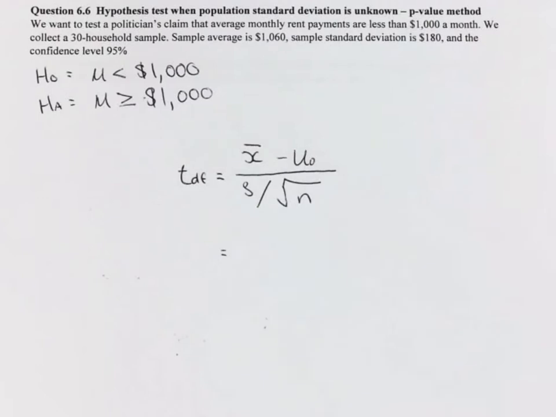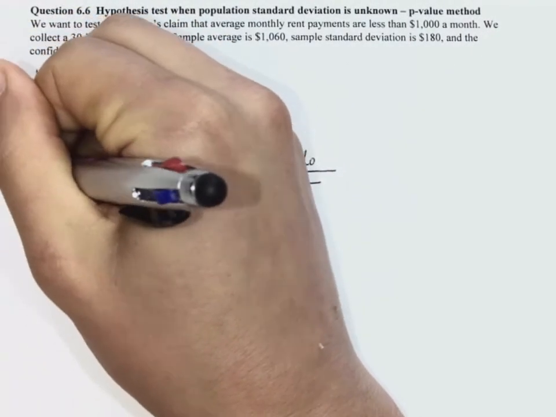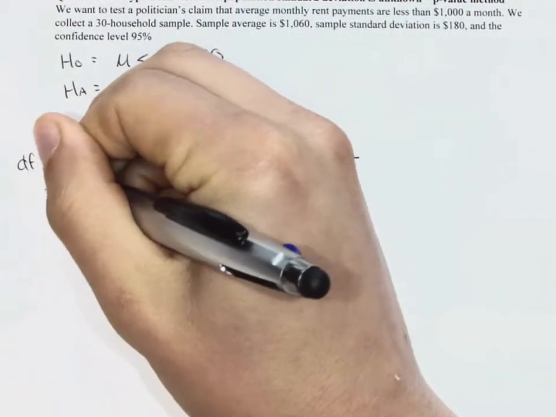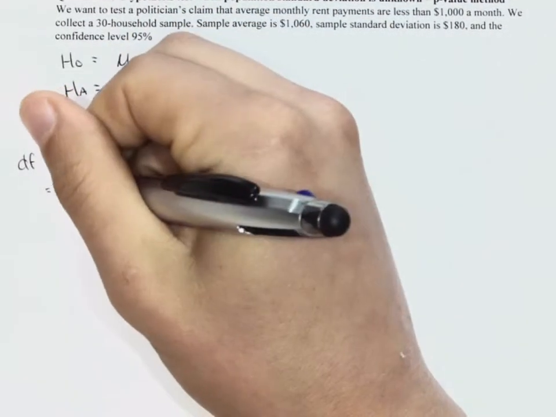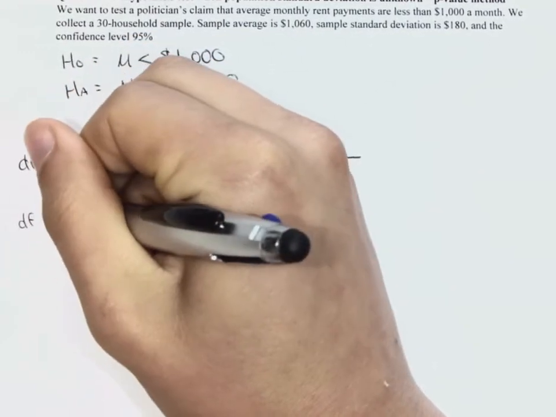Now our degrees of freedom in this scenario is n minus 1. Our sample is 30 households, so 30 minus 1. We have a degree of freedom of 29.